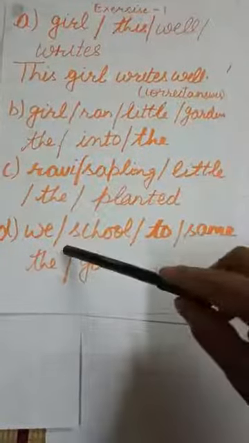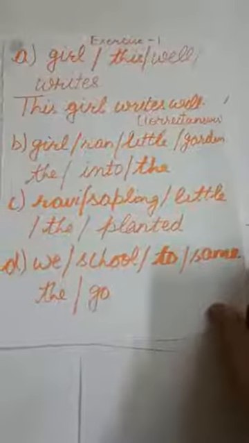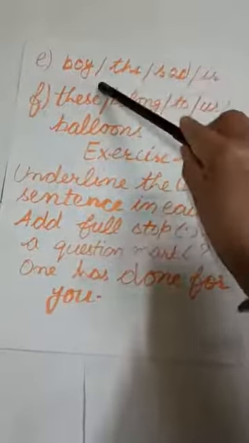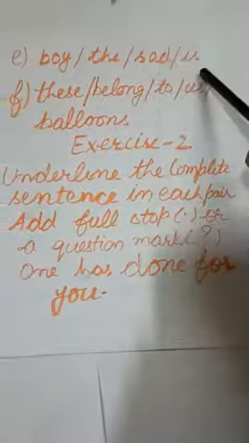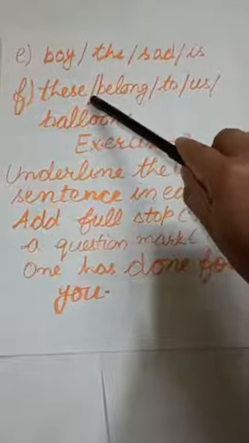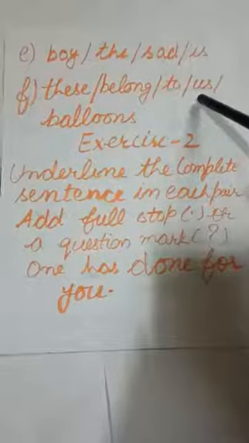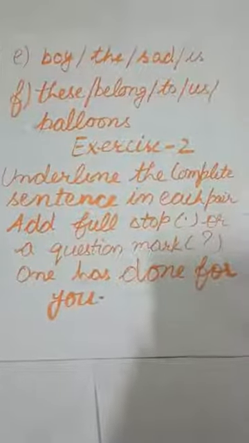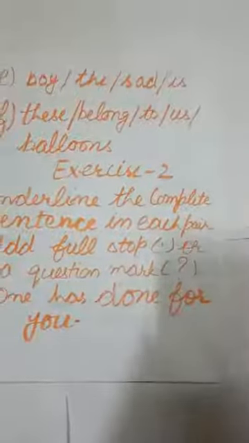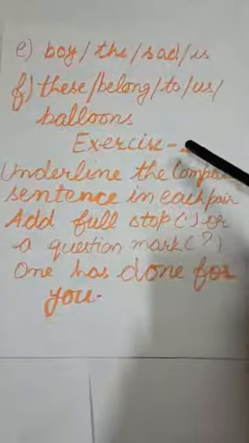"We school to same the go." These are a few more words and this is the D part. Now the next part is E. "Boy the sad is." F part, "these belong to us balloons." So you have to arrange these words to make sentences.